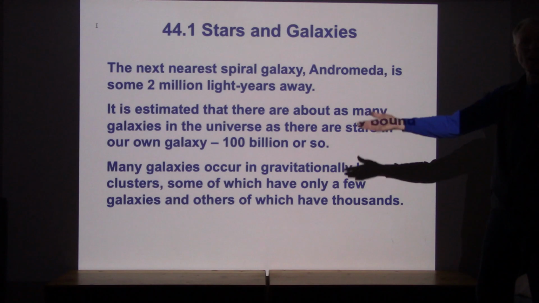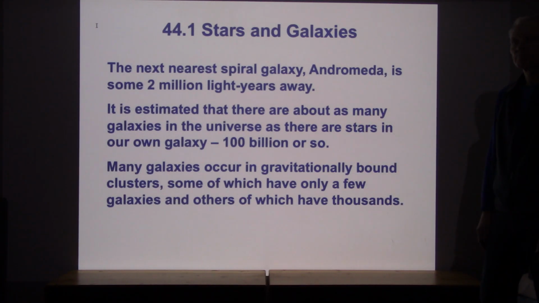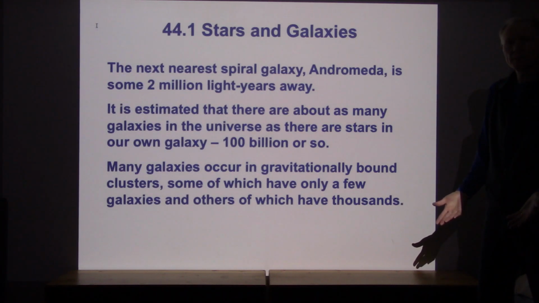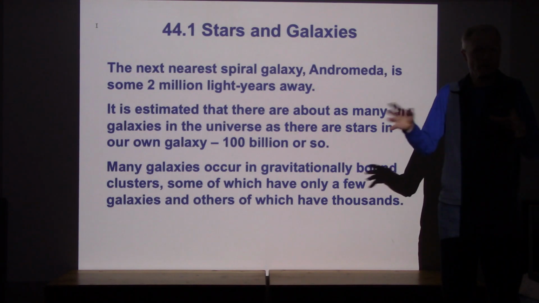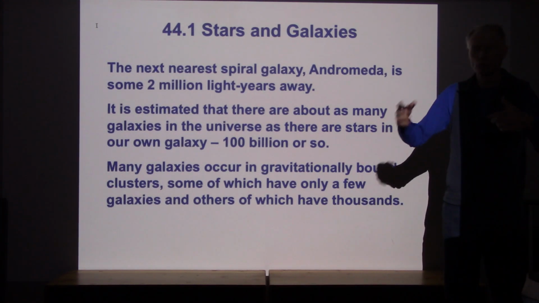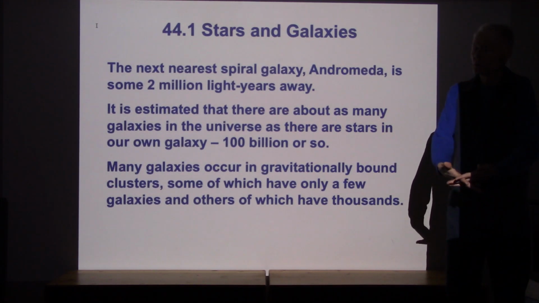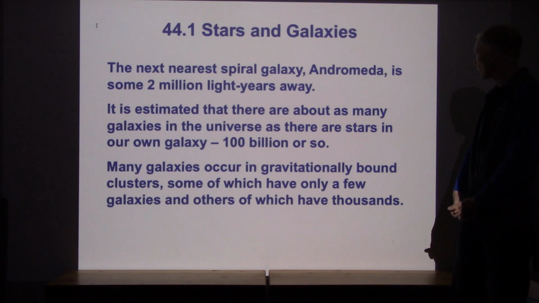But then if you go beyond that, are there just more galaxies everywhere? Is the universe infinite, or is it finite in some sense? Do you reach kind of a limit, or does the universe wrap back around on itself? So we'll talk some more about those possibilities.